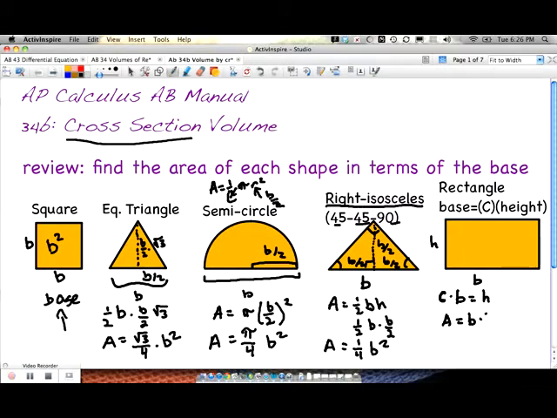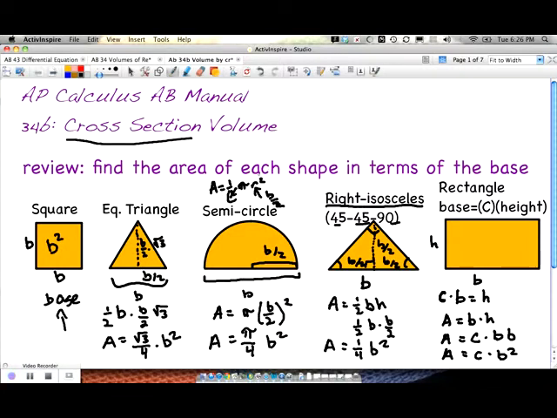Well, we know that the area equals the base times the height. But if the height is the base multiplied by a constant, then it's really just that constant times the base times the base, because that height can be replaced with a constant times the base. So the area equals the constant times base squared.